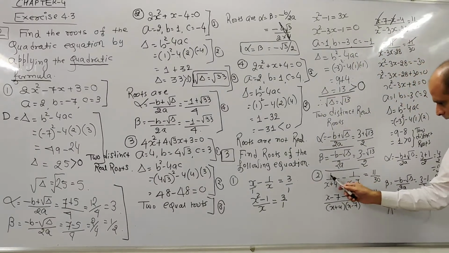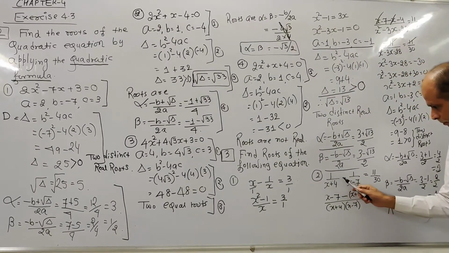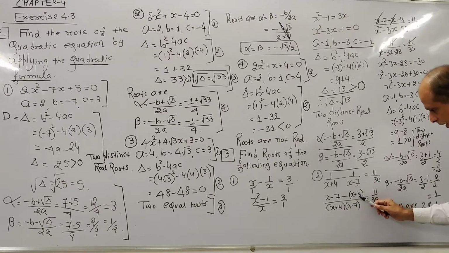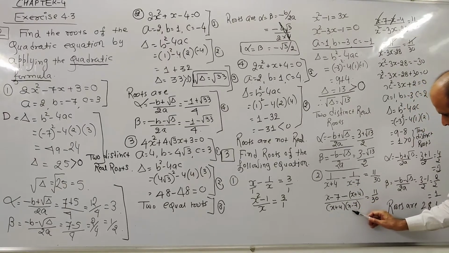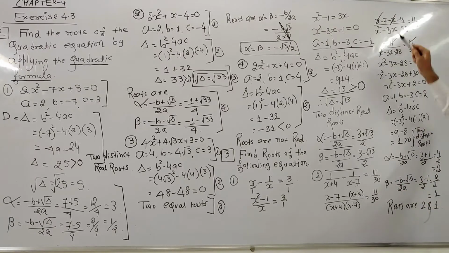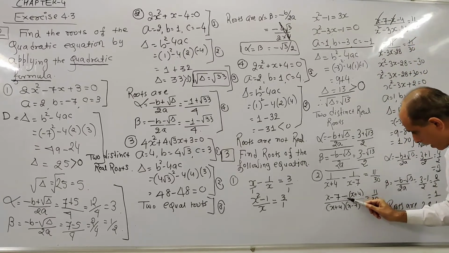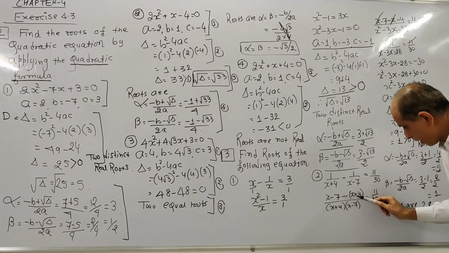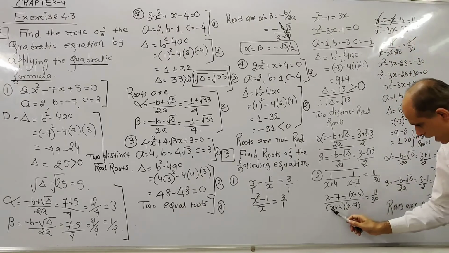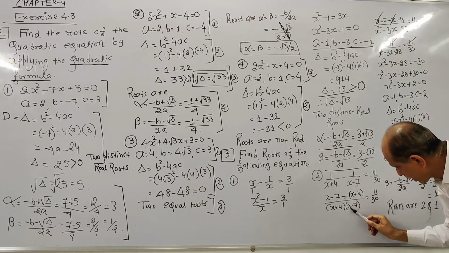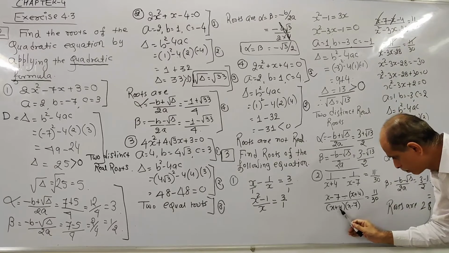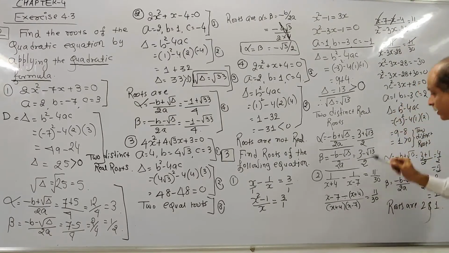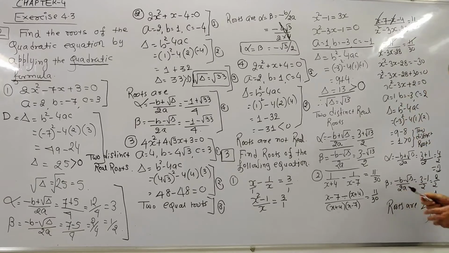So when you cross multiply, x minus 7 minus x plus 4 in bracket upon the product of denominators, x plus 4 into x minus 7, is equal to 11 by 30. So x minus 7 minus x minus 4 becomes minus 11 upon the denominator.